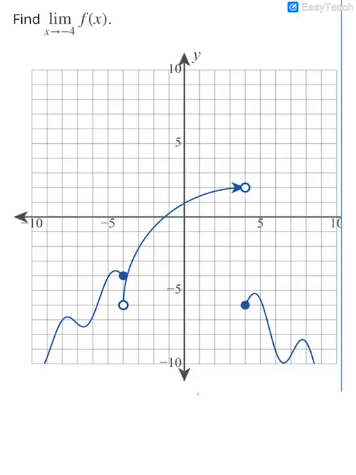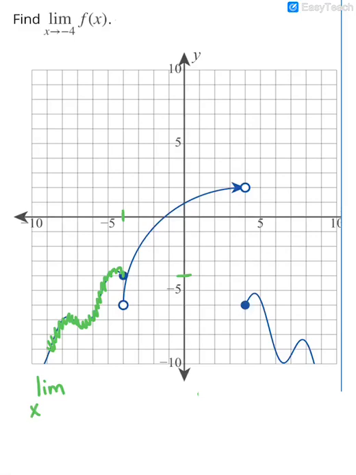All right, then finally we'll look at a graph, and we're being asked for the limit as x approaches negative 4. So this is this x value. And we'll look at it from both sides. So as I'm coming in from the left side, just following the graph, I notice that the limit is a y value of negative 4.